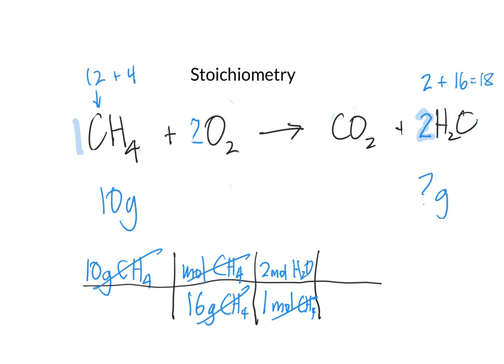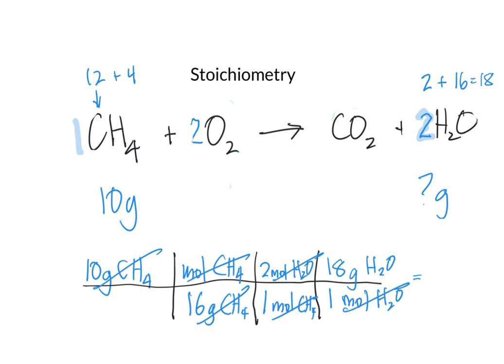And I rounded everything to whole numbers just to simplify the mathematics. So 1 mole of water will weigh 18 grams. That allows me to cancel my moles of water. Now I'm in grams of H2O.